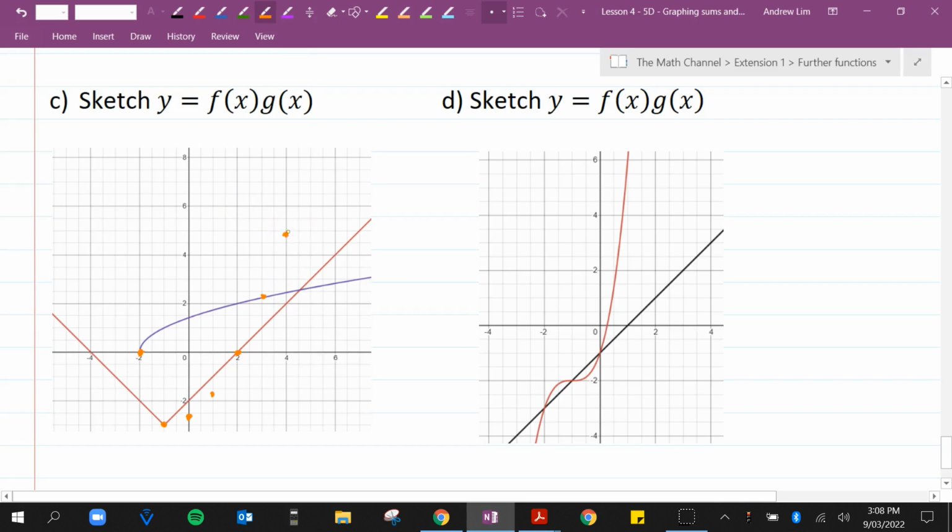Okay, so it looks like we've got this shape here. Right, pause the video, have a go with D.